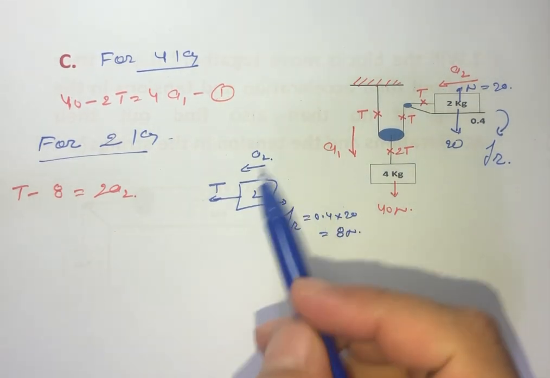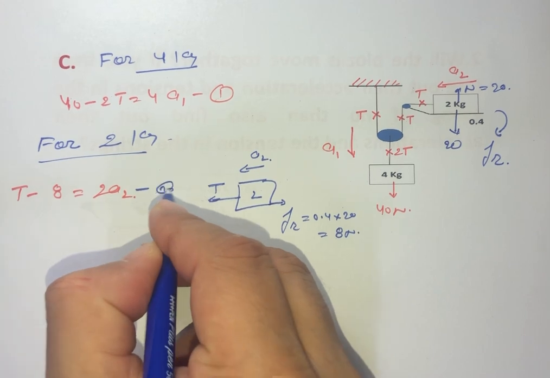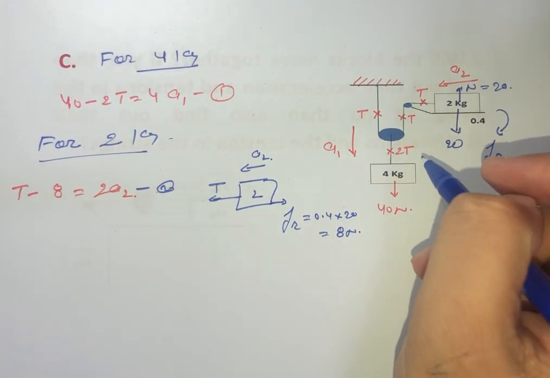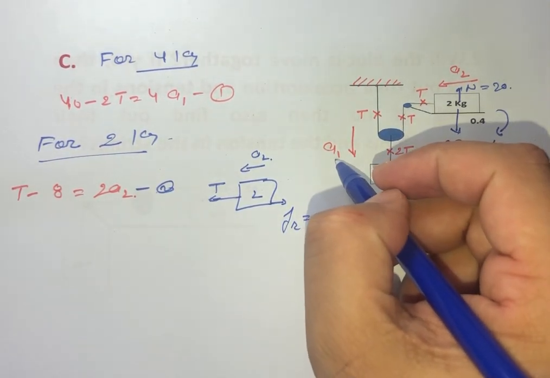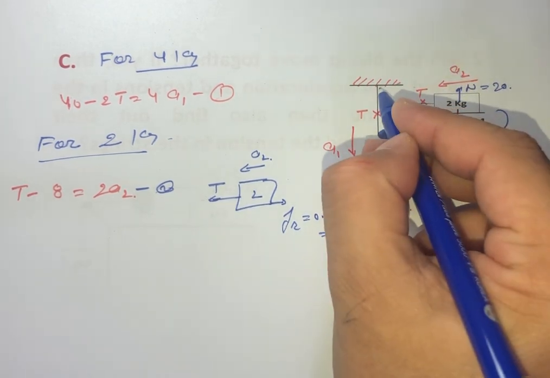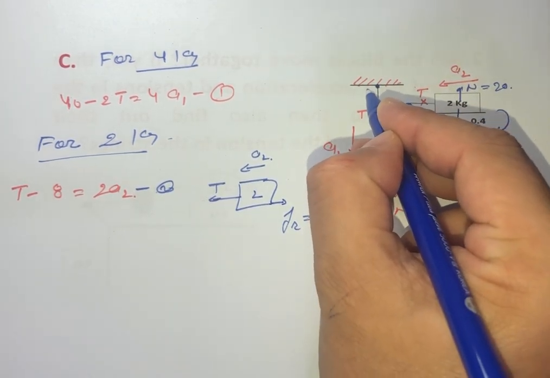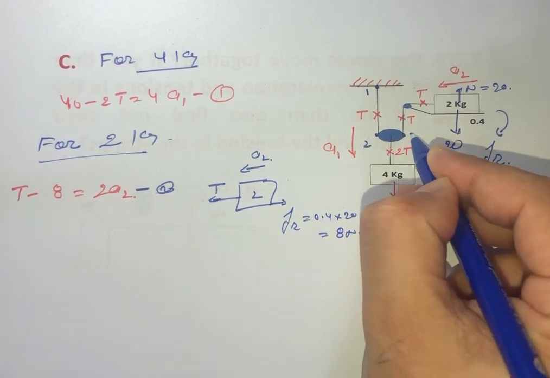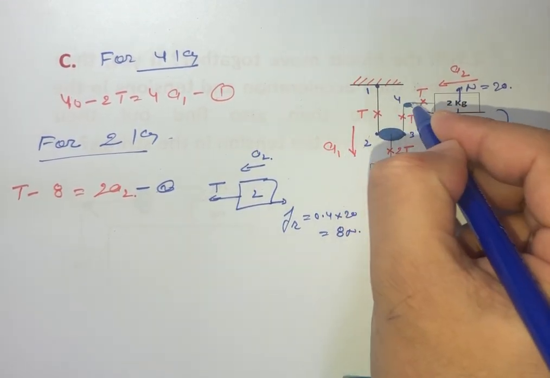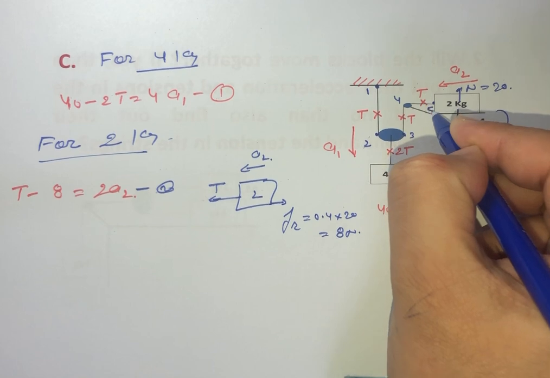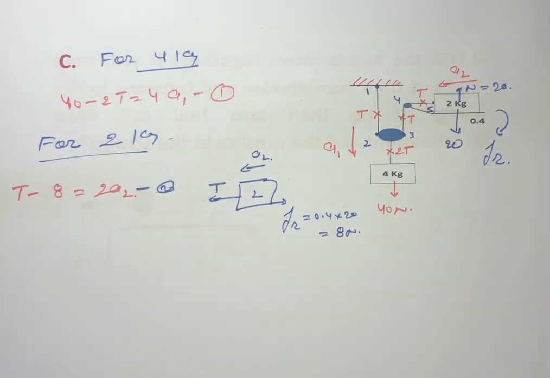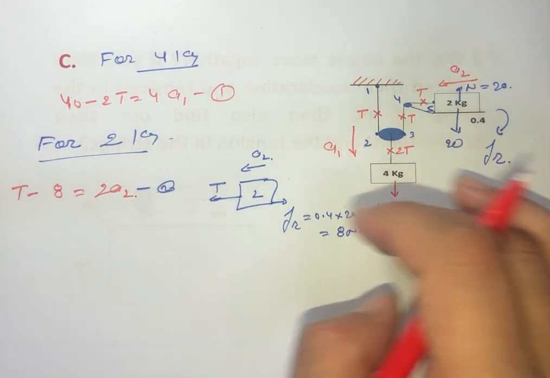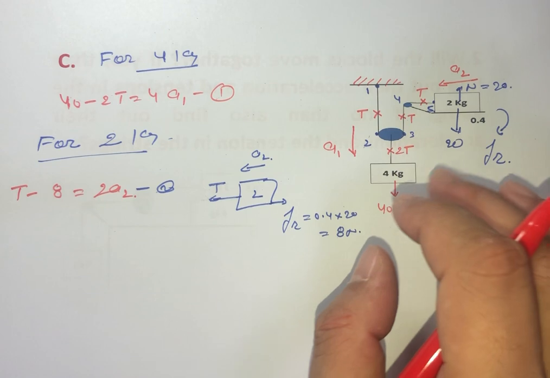Now we are going to find out, this is question number 2, the constraint relationship between a1 and a2. Okay, so let us call this as point 1, this is point 2, 3, 4, and this point is called as 5. And let us find out what will be the acceleration of the respective points.